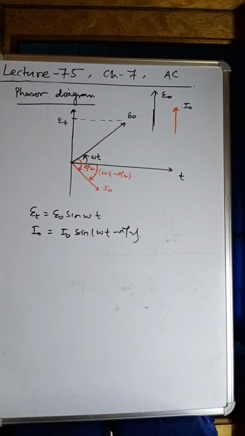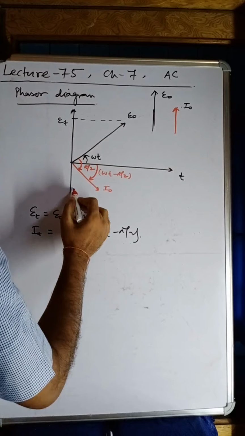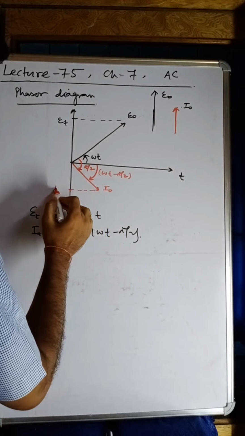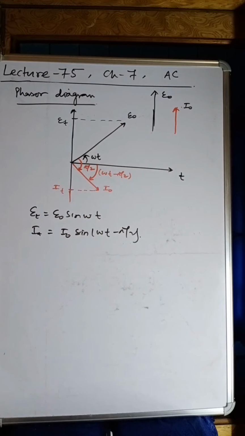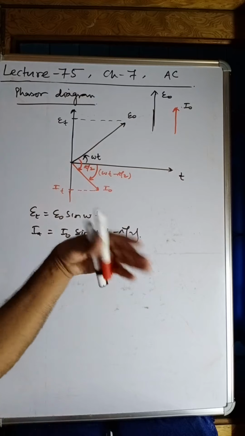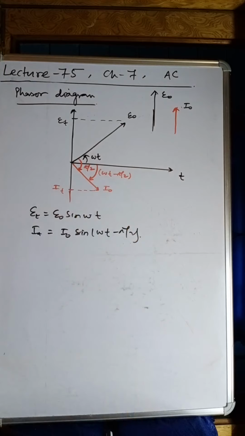This one is okay, so remember, and this will give you It, the instantaneous value. This is the phasor diagram of voltage and current of an inductive circuit under AC supply.